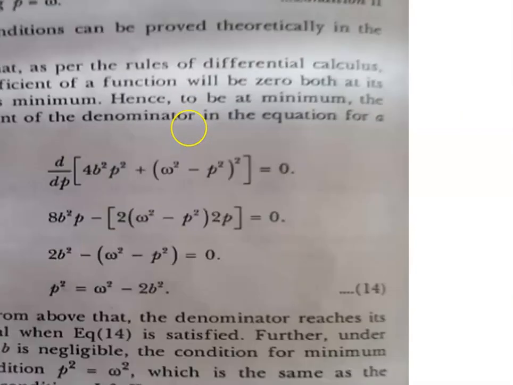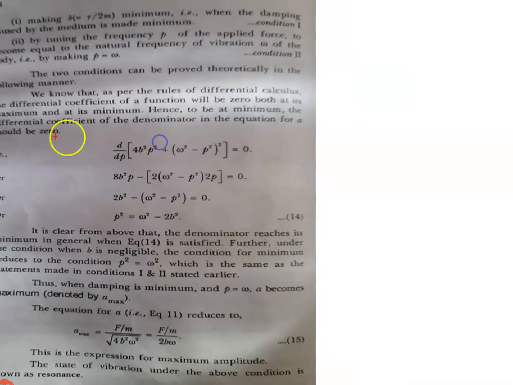Now let us consider, according to differential calculus, the differential coefficient of a function will be 0 both at its maximum and minimum. Hence, to have the minimum value, the differential coefficient of the denominator in the equation should be 0. So d by dp of 4b square p square plus omega square minus p square the whole square must be 0.